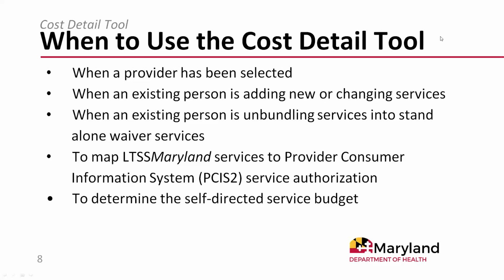Respite is a standalone service, personal supports is a standalone, and transportation. So if you have your services currently bundled under one service name, then this is the opportunity to unbundle them and identify them as the specific service that they're providing.